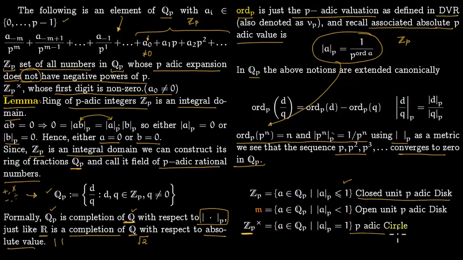So this will give you the p-adic circle because this first term is non-zero. And all other terms which are less than 1, which is all these terms which have a factor p, they form the maximal ideal. And this maximal ideal is often called the open unit p-adic disk. So this unit disk corresponds to this one here, and this unit circle corresponds to the units of the ring here.